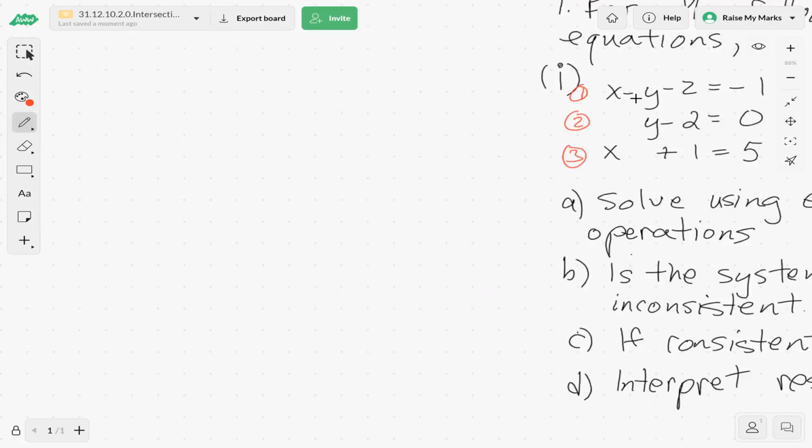Okay, so from equation 2, we have y equals 2. Well, that's nice. So let's take that. This is interesting. I feel like we might have an error here, or maybe not. All right, and then from equation 3, we have x plus 1 equals 5, so x equals 4, right?